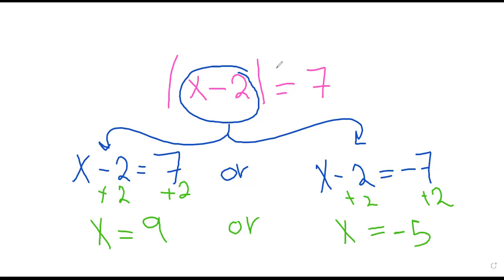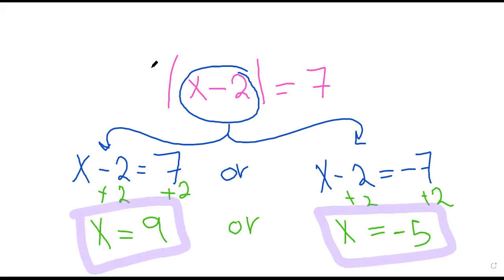So what are the solutions? The solutions are 9 and minus 5. You can check the answers easily by substituting these values in the equation, or replacing x by these values.